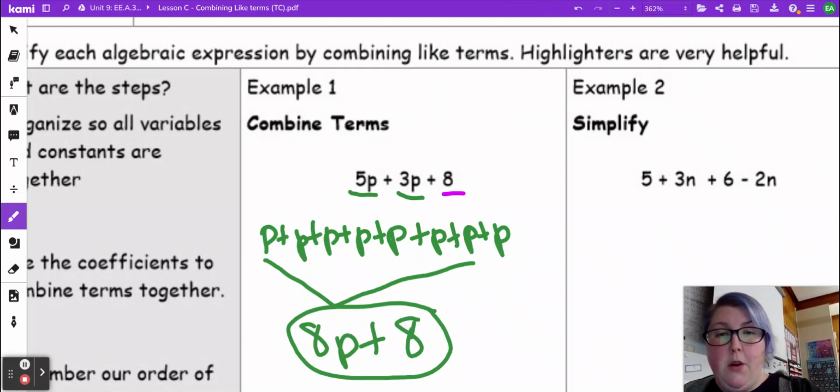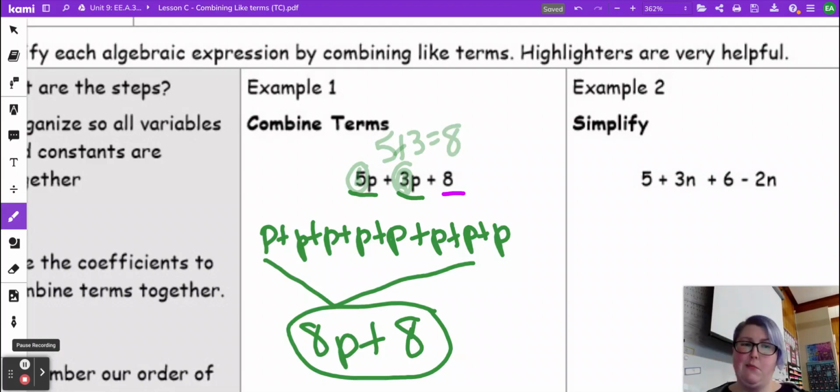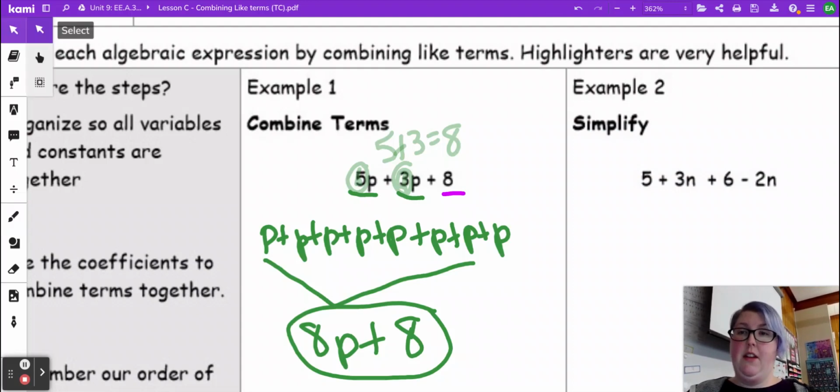So you might notice that you can take coefficients here, 5 and 3, because 5 plus 3 equals 8. It takes a while to write out all of those p's. You can ignore that and just say 5 plus 3 equals 8. Bring the p with, because the coefficient goes with it, to say 8p plus 8.